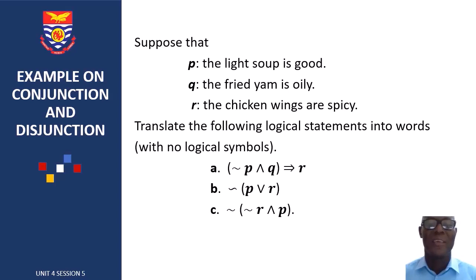A, in braces, negation of P conjunction Q, implies R. B, negation of P disjunction R. C, negation of R conjunction P. Let's look at the solution in the next slide.